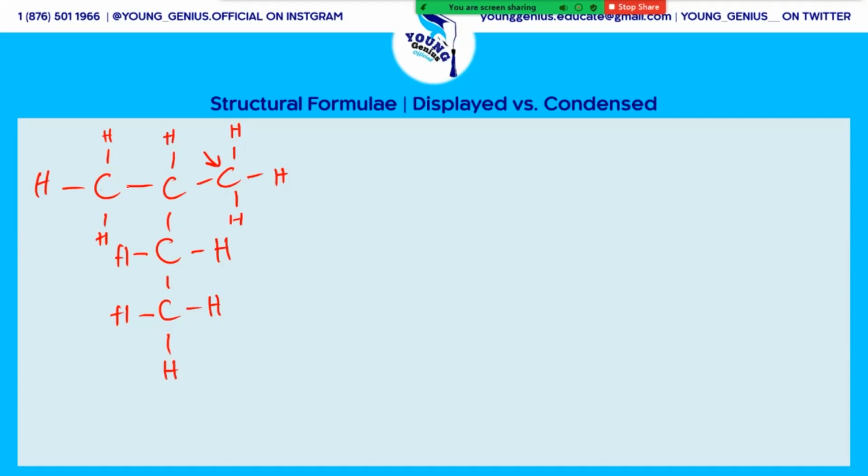So it would be 2-methylbutane, and it would not be 2-ethylpropane. It would be methyl, because that's a methyl group, CH3.